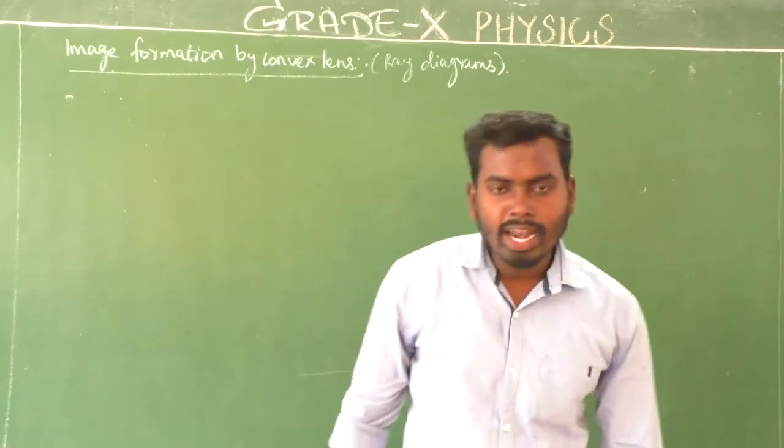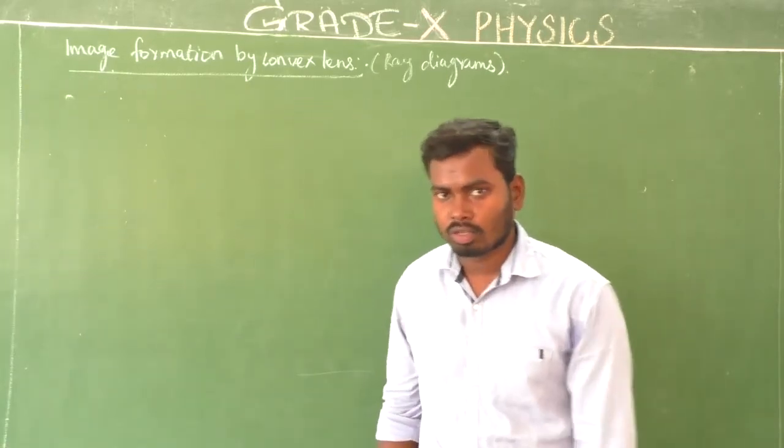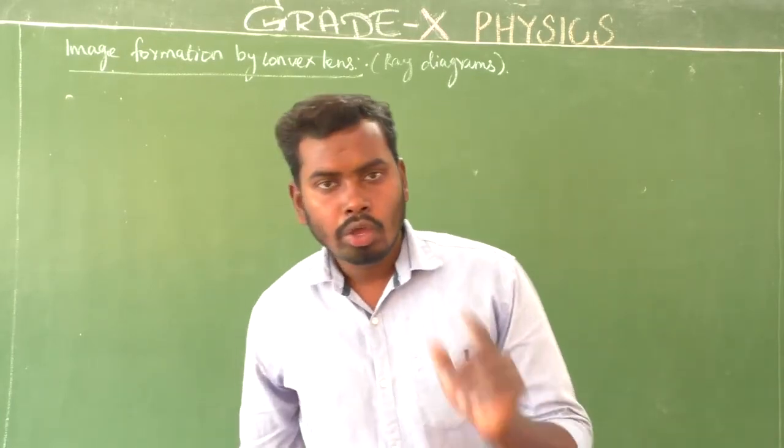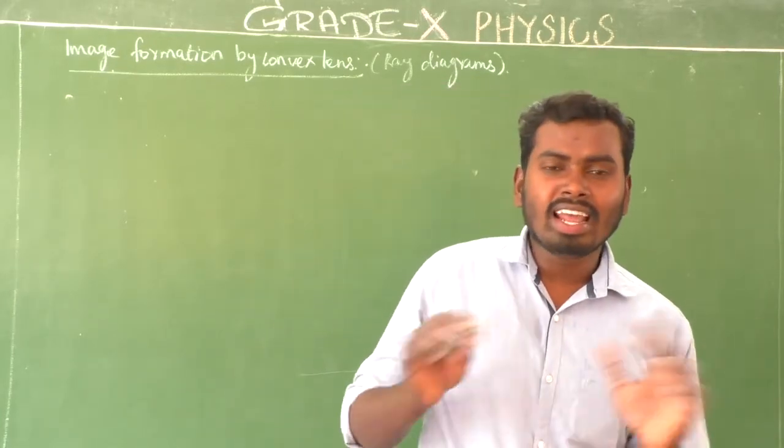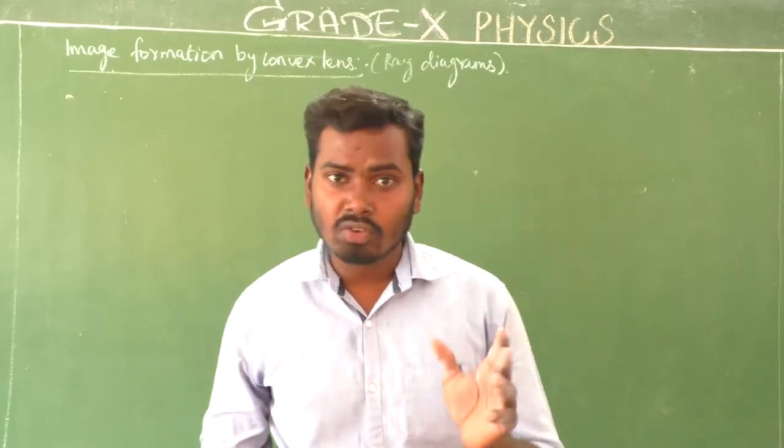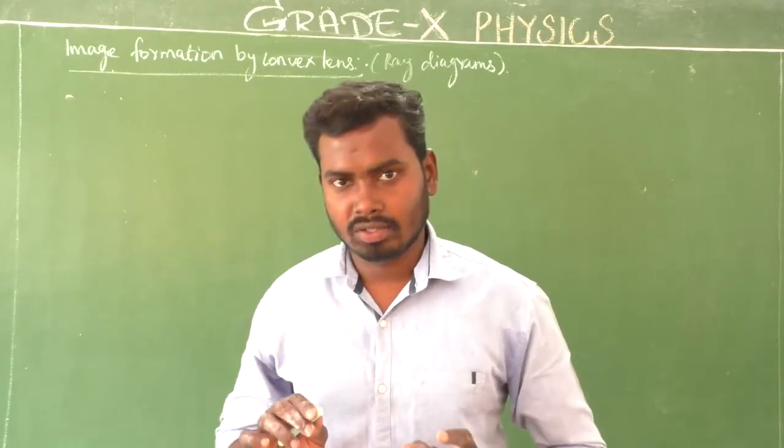So in order to start the ray diagrams, which means image formation, you should know the relation between the radius of curvature and the focal length. Look at here.